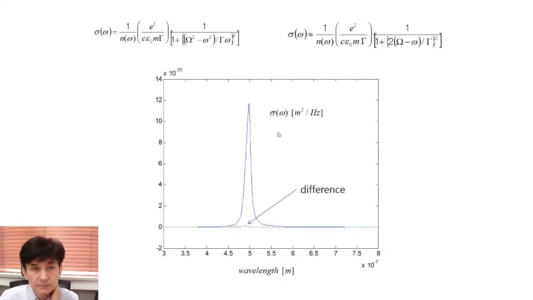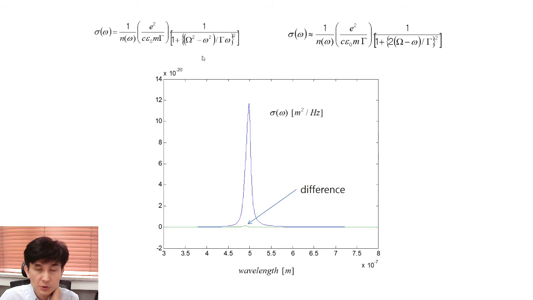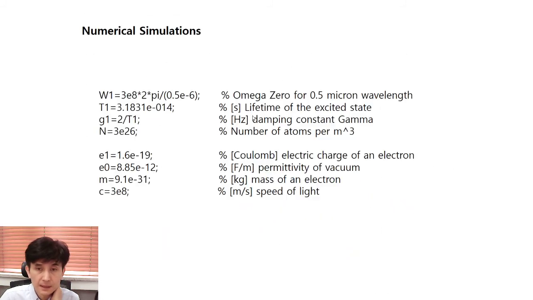For a given medium, we have a fixed spectral width of the absorption cross-section or absorption coefficient alpha as a function of omega, or sigma as a function of omega. That's right.